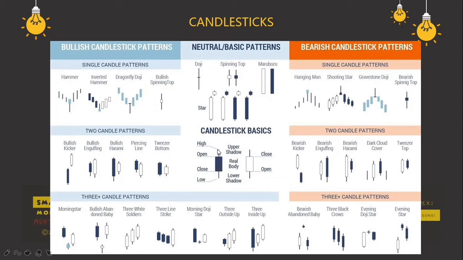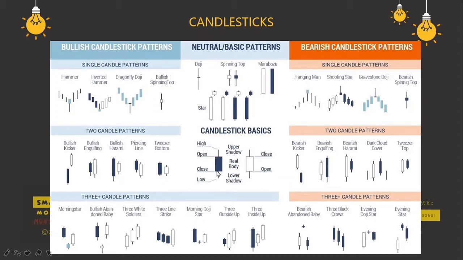Now when you look at the lines, just the lines are called the wicks. It's just like your normal candle. This is called the body, the lines are called the wicks. Now this body has a top and a bottom. Depending on what kind of candlestick you have, whether bearish or bullish, the top and the bottom can be either open or close.